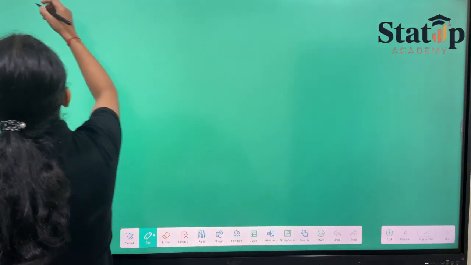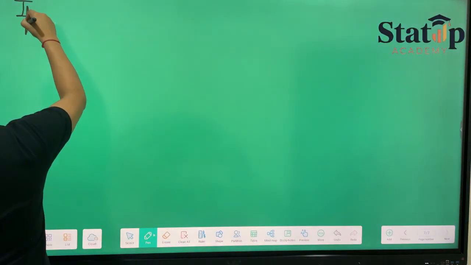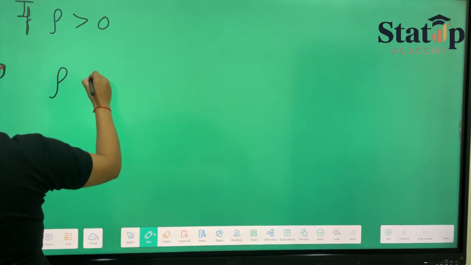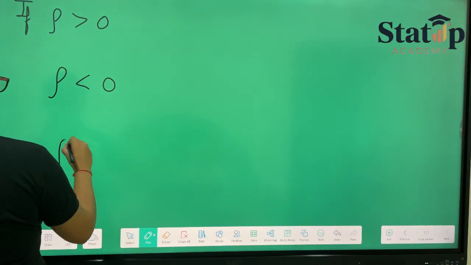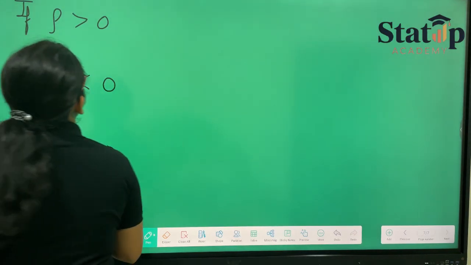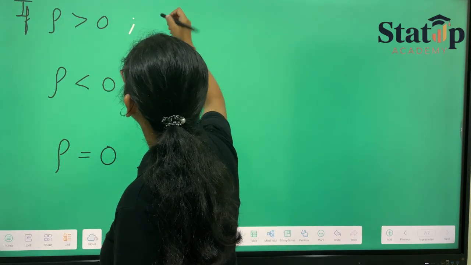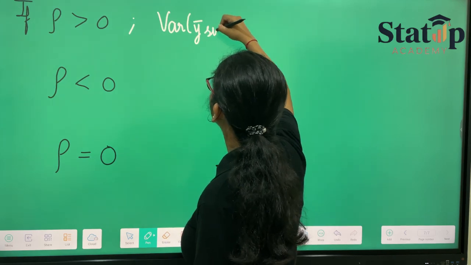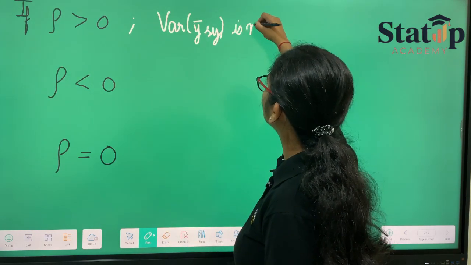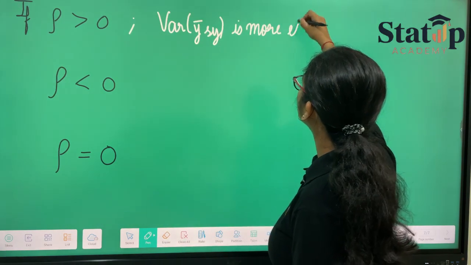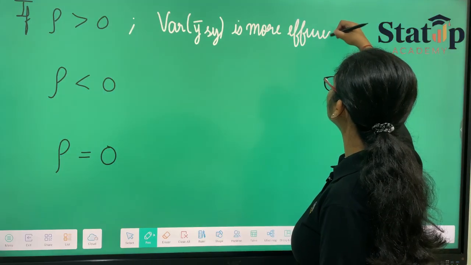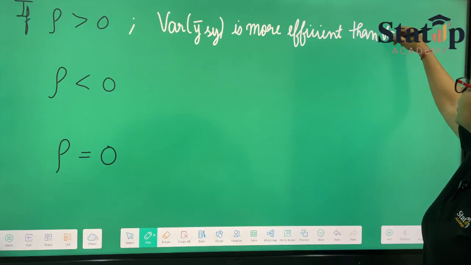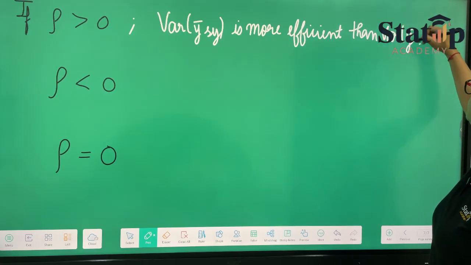And from here we can say that the efficiency of systematic sampling is greater than the efficiency of stratified sampling. So we can write, if rho is greater than 0, rho is less than 0, and rho is equal to 0. When it is greater than 0, variance of y bar systematic is more efficient than variance of y bar stratified.